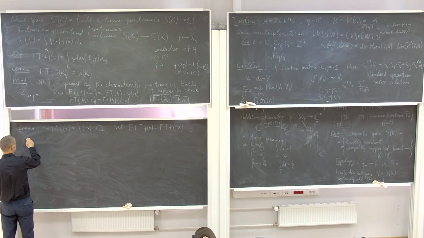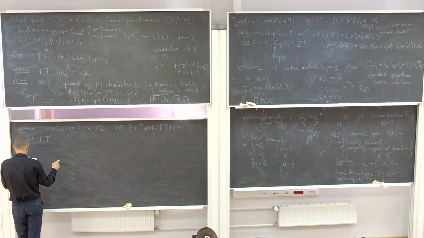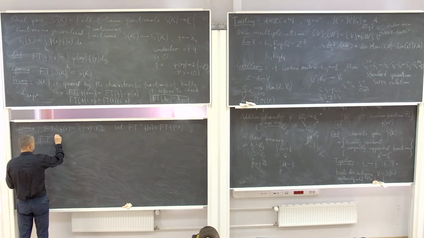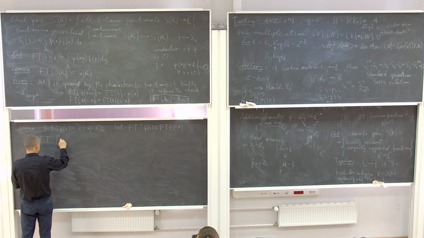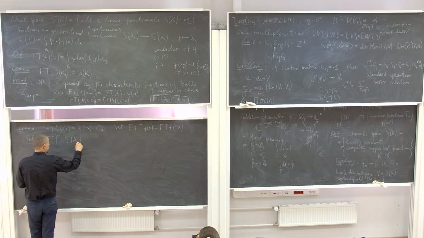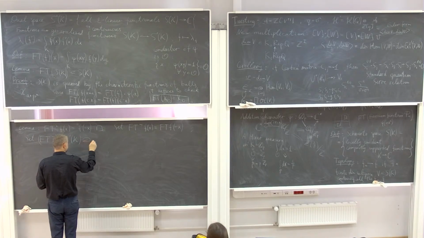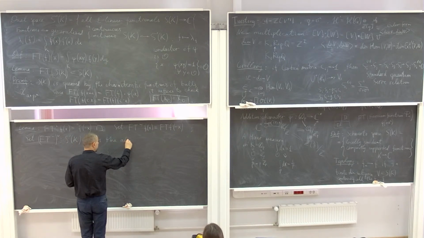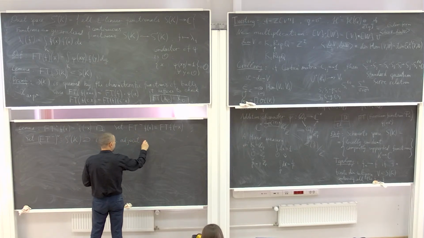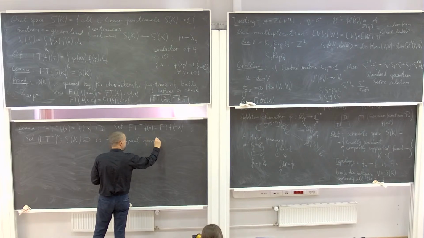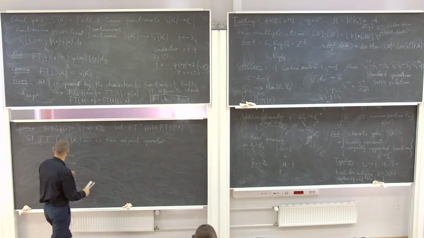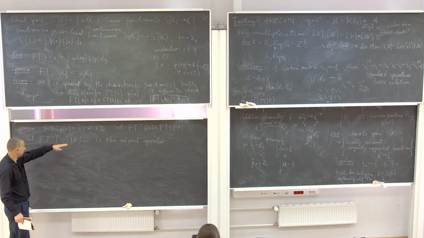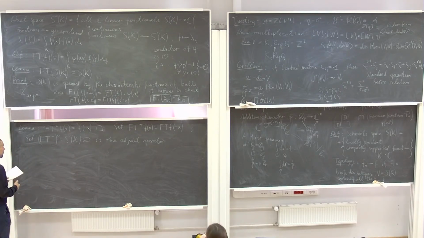And we set the Fourier transform minus check, from the dual Schwartz space to itself, to be the adjoint operator. So it's the dual space, and any operator gives rise to some adjoint operator there.